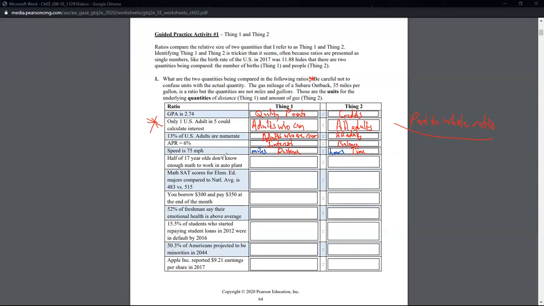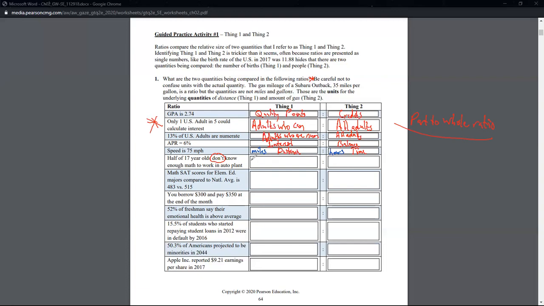Half of 17-year-olds don't know enough math to work in an auto plant. Since they used the word don't this time, instead of saying the people who can to the total population, we say those who can't.